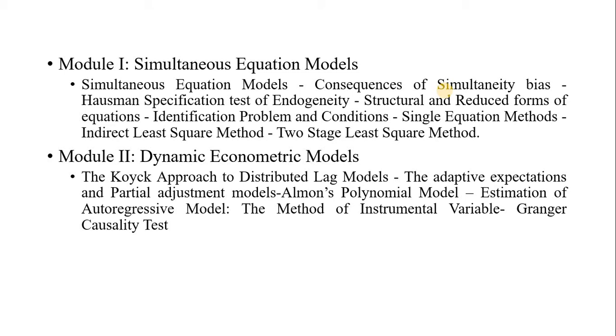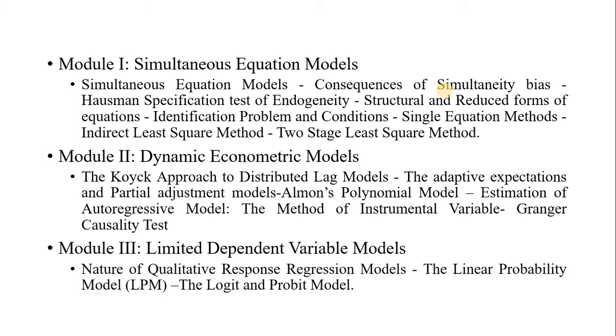When we include such additional explanatory variables, very often there may be problems with estimating this kind of equation using OLS. So how we can rectify such problems associated with OLS when we have a dynamic econometric model is dealt with in the second chapter.